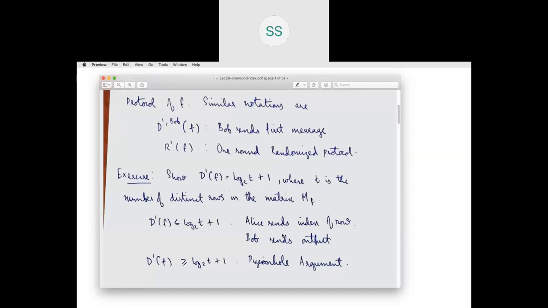Because there are two different types of rows, they should differ in at least one position, at least one column. Now, Bob's input could be that column. In that case, he will not be able to distinguish between these two rows, and hence he will not know what to answer. Hence Alice is required to send log t bits, and Bob needs 1 bit. So that's why the one round complexity is log t plus 1.